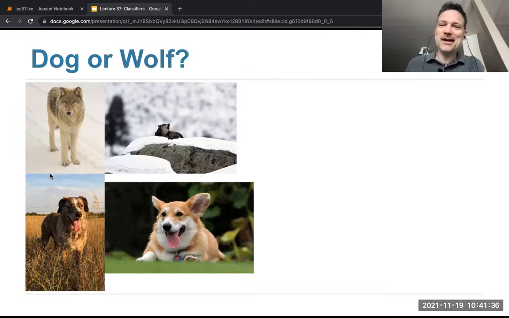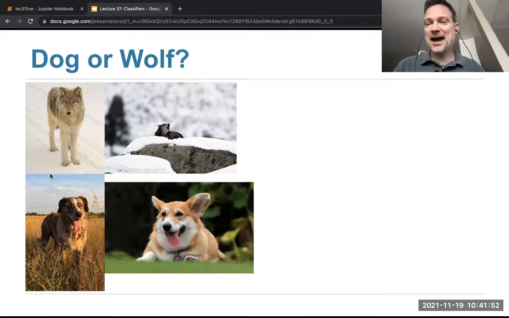So let's imagine that we have a machine learning classifier that is trying to classify an image to tell whether that's an image of a dog or an image of a wolf. Pretty challenging task. Here, maybe the attributes are, for each pixel, the color of that pixel.